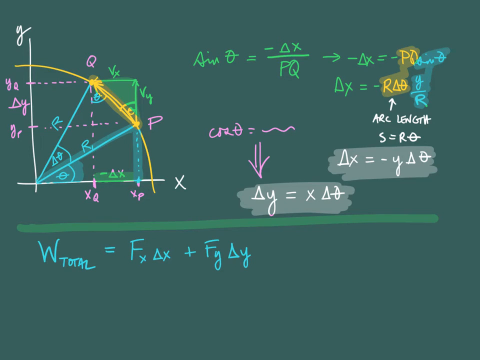Well, let's use this work formula. I would have f sub x, but instead of delta x, since I'm going round and round here, I would take my delta x from above and use the negative y d theta, and then my f sub y, and I would use that version of delta y, which was x d theta.